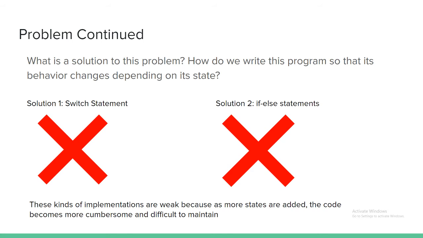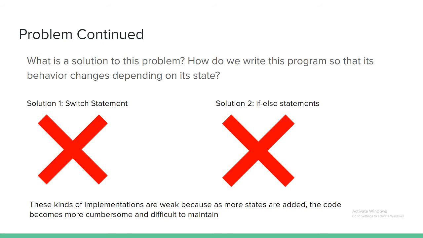Because if some behavioral logic is changed or some new states need to be added, it becomes harder to deal with, and just overall a mess to maintain with these types of implementations.